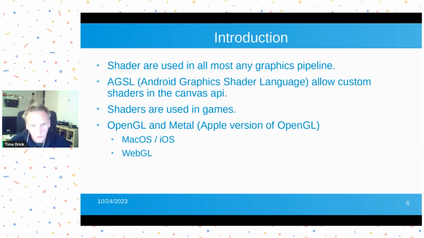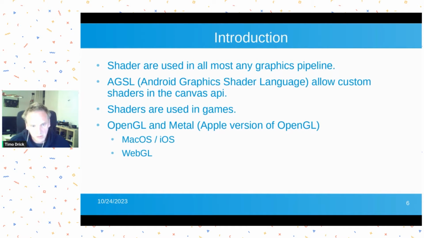But in Android 13, AGSL was introduced, Android Graphics Shader Language. It's a completely new language, but it's based on very old pixel shader definitions from OpenGL, so GLSL. So the language is very similar to this.